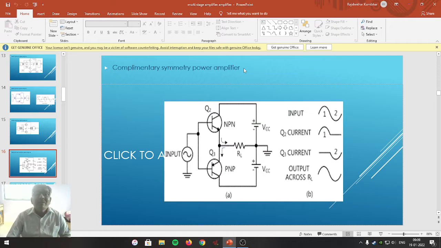Student friends, the name itself suggests that the circuit is symmetrical and the working of this circuit is complementary to each other. So that's why the circuit which is used to amplify the input power presented here is called the complementary symmetry power amplifier.